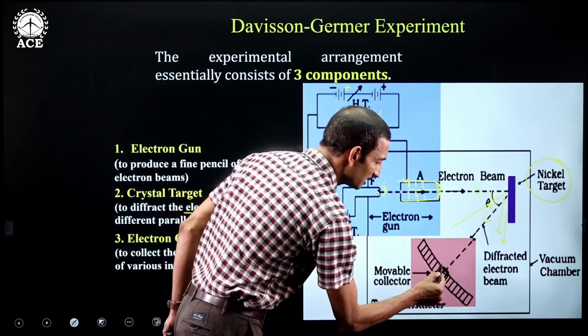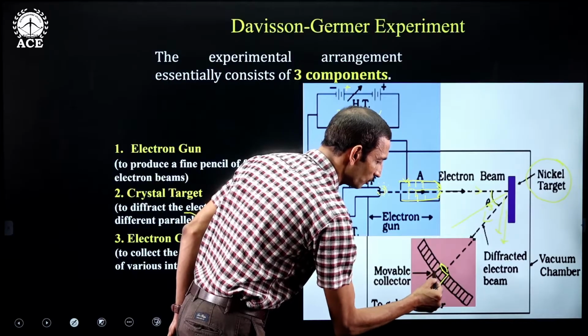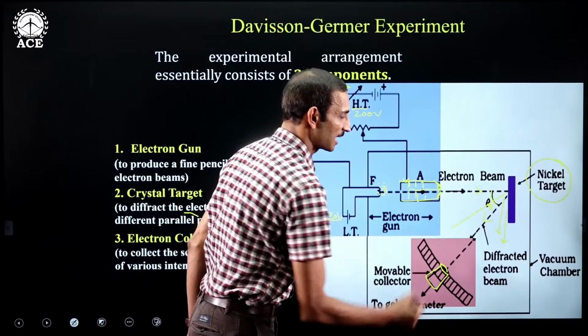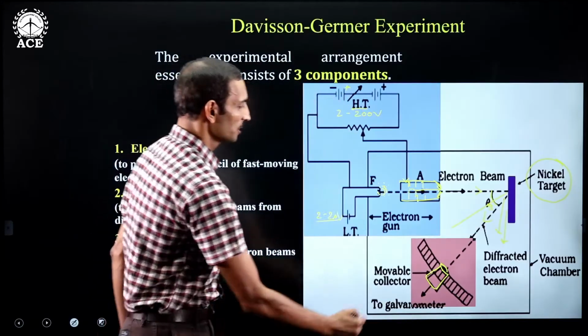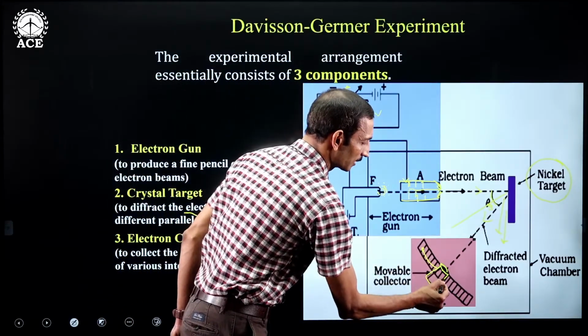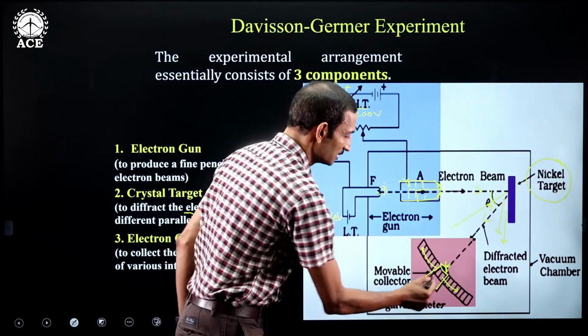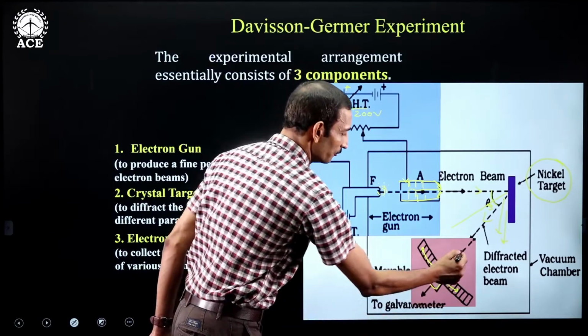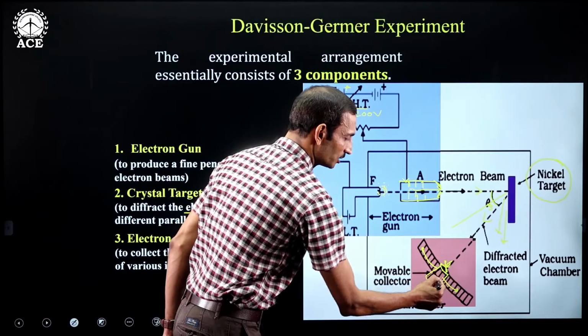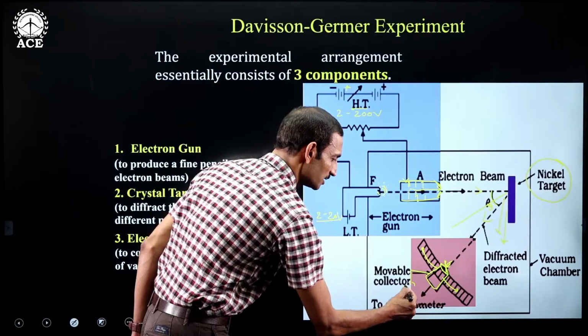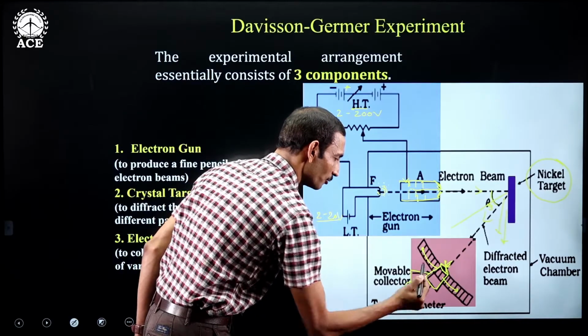Here there is a metal cylinder which is capable of sliding over a semicircular scale, which measures this scattering angle. So it can slide to any particular direction to collect these scattered electron beams. Since it is a metal, the electrons collected by it would increase its charge, and it is in turn connected to a sensitive galvanometer, which is not drawn over here.